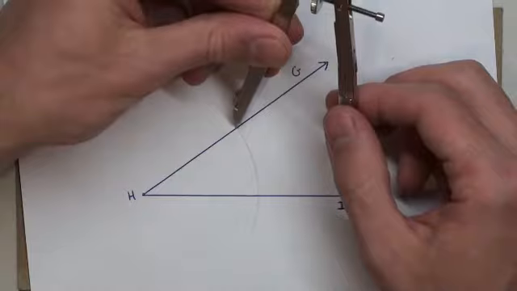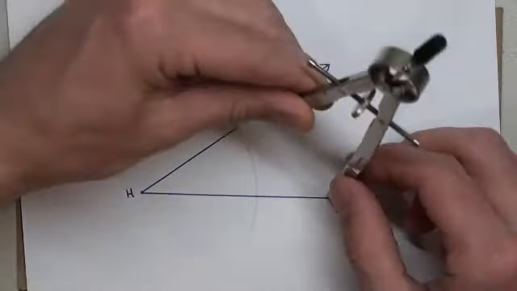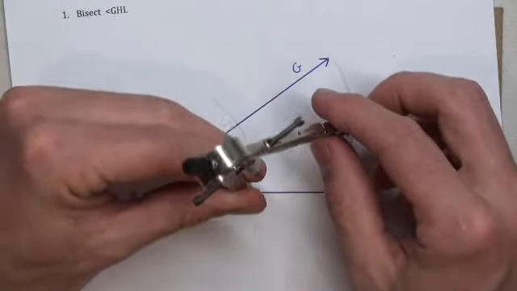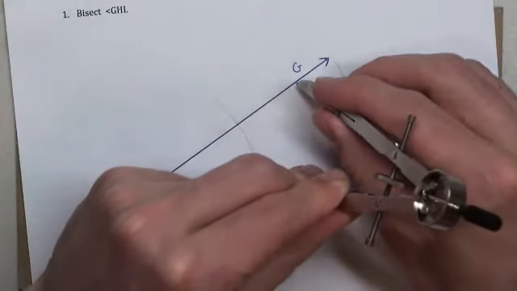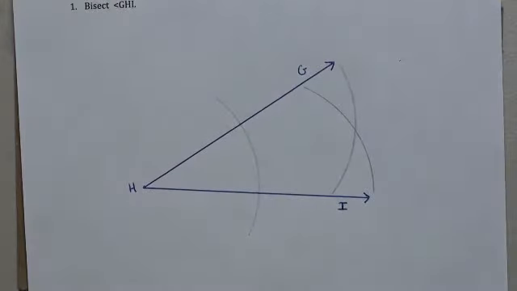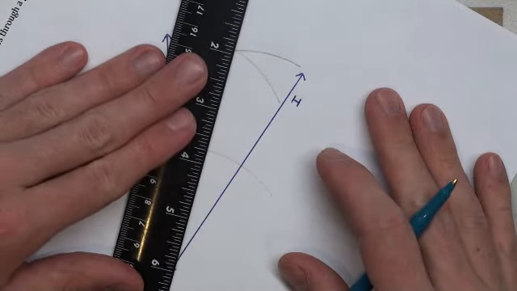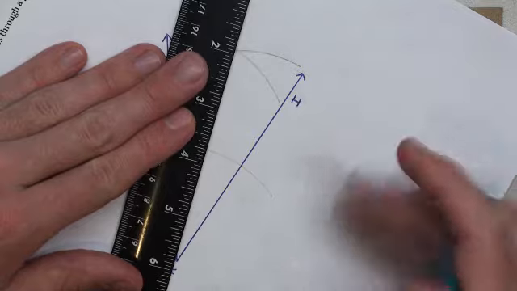Then I put my point where each side got crossed by the arc and make an arc on the inside of the angle. Then I take my ruler and draw a line from the vertex through that point of intersection of those 2 arcs.